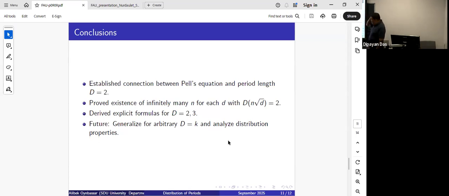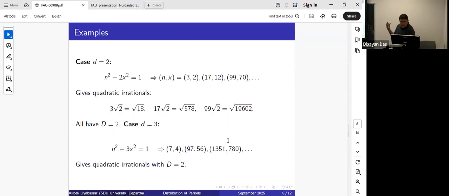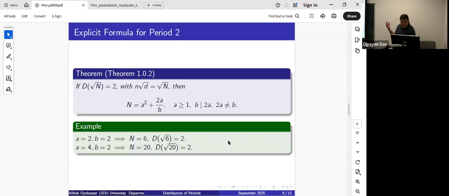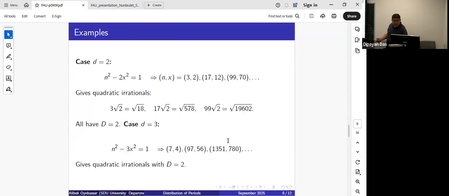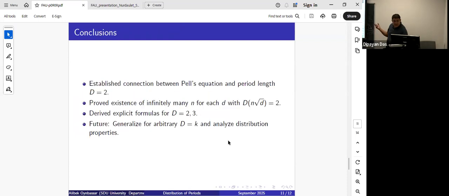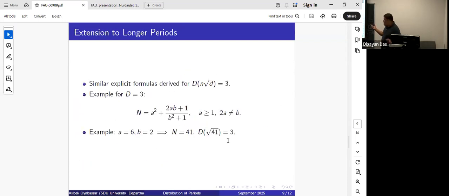When we tried to do this, it is challenging because when we have period 2, we have only one variable, and it's very easy to define. So a, b, yeah? We have 2 variables, and then it's not hard to find such numbers. When we have 3, it also has only 2 variables.